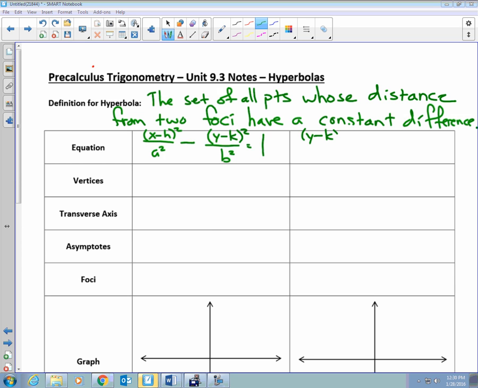(y minus k) quantity squared over a squared minus (x minus h) quantity squared over b squared is equal to 1. The first one is horizontal. The second one is vertical. I want you to tell me what is the difference between the horizontal and vertical hyperbola equations.